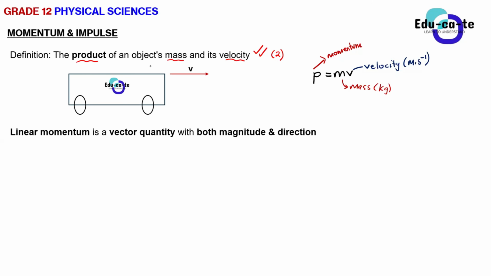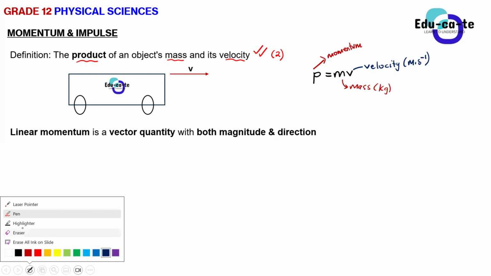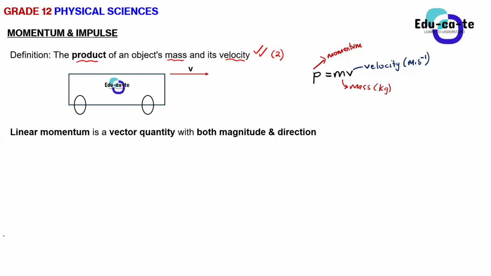The conversion from kilometers per hour to meters per second, I think you can just divide by 3.6. To make things simpler we usually use 3.6, but you can do it manually.